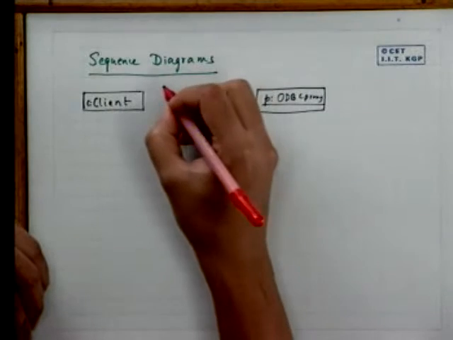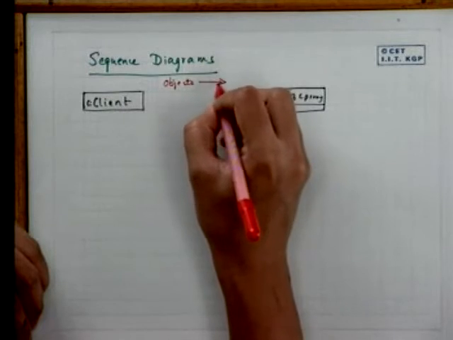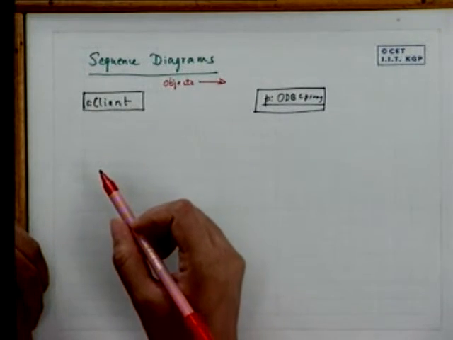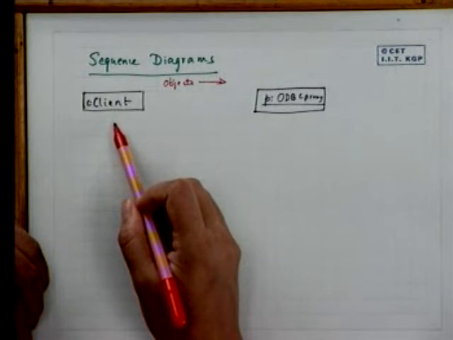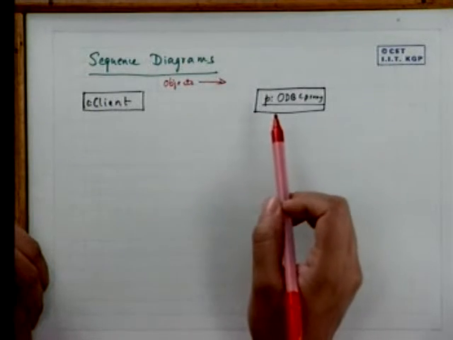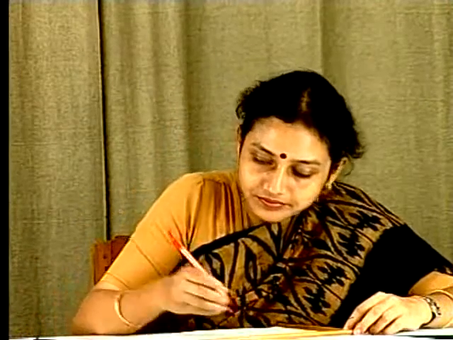So along this axis, we are showing the objects. So objects initiating the interaction are shown at the left of the diagram, and the other objects occur to the right. And increasingly more subordinate objects occur more towards the right of the diagram.